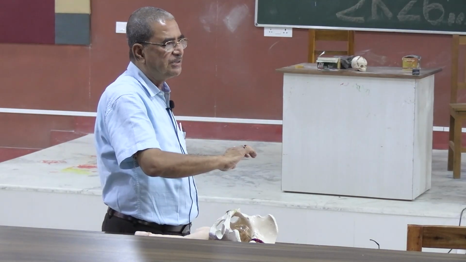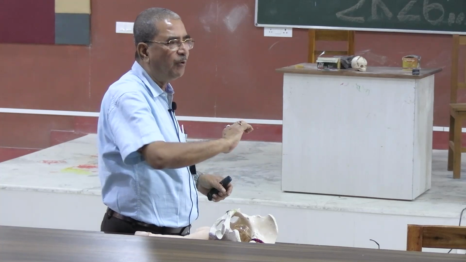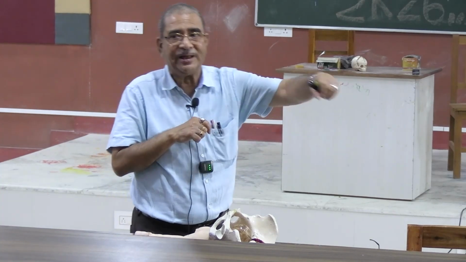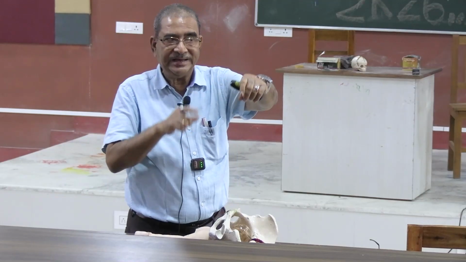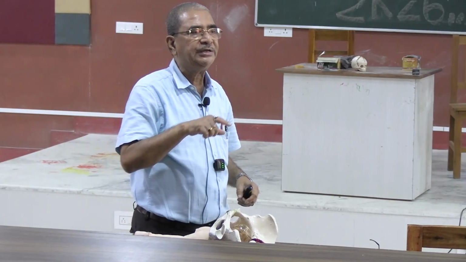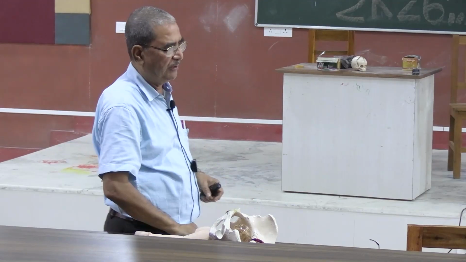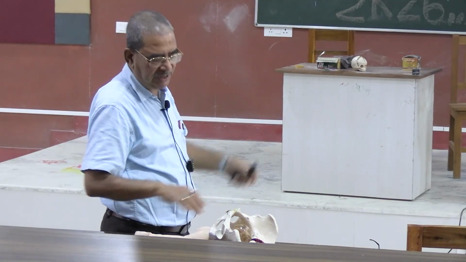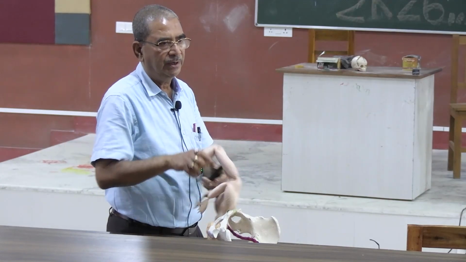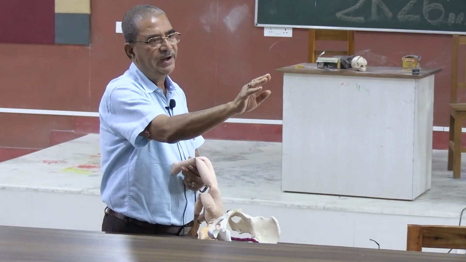In that case, you can do internal podalic version. Antenatally we do external cephalic version. But in case of second twin, if it is breech, you have to do internal podalic version. Under anesthesia, you have to catch the legs by introducing your hand.